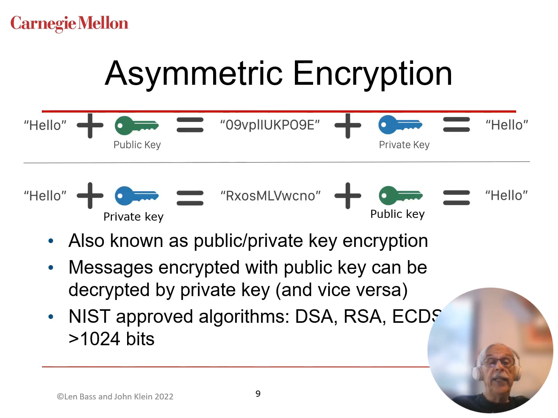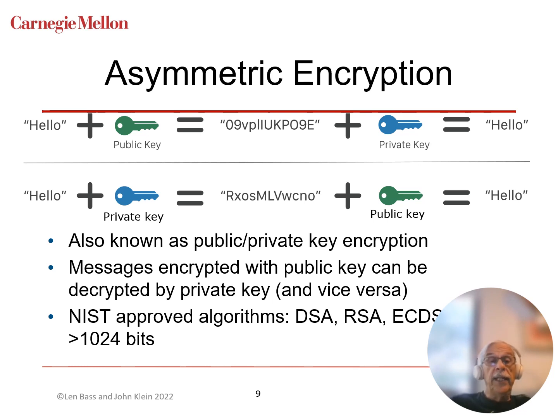Asymmetric encryption uses a different key. Again, you start with hello, it comes out as gibberish, and you use a different key, and it comes out as hello again. So asymmetric encryption has public and private keys.